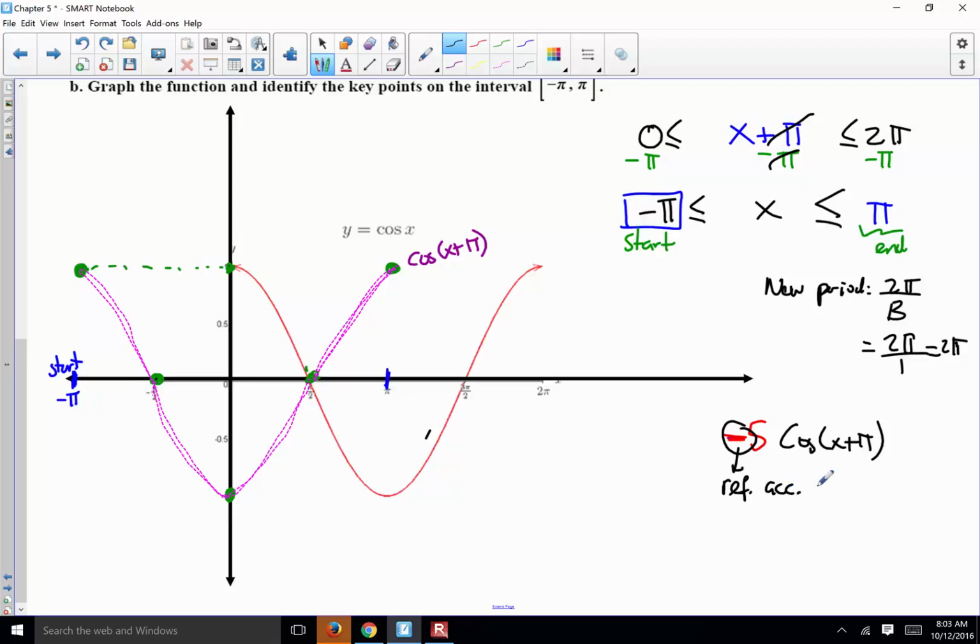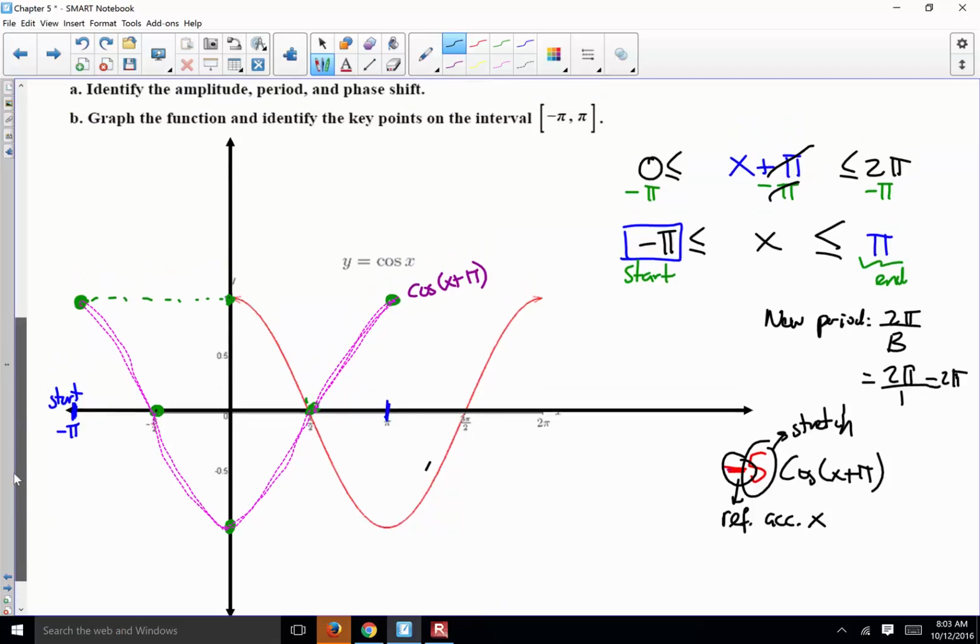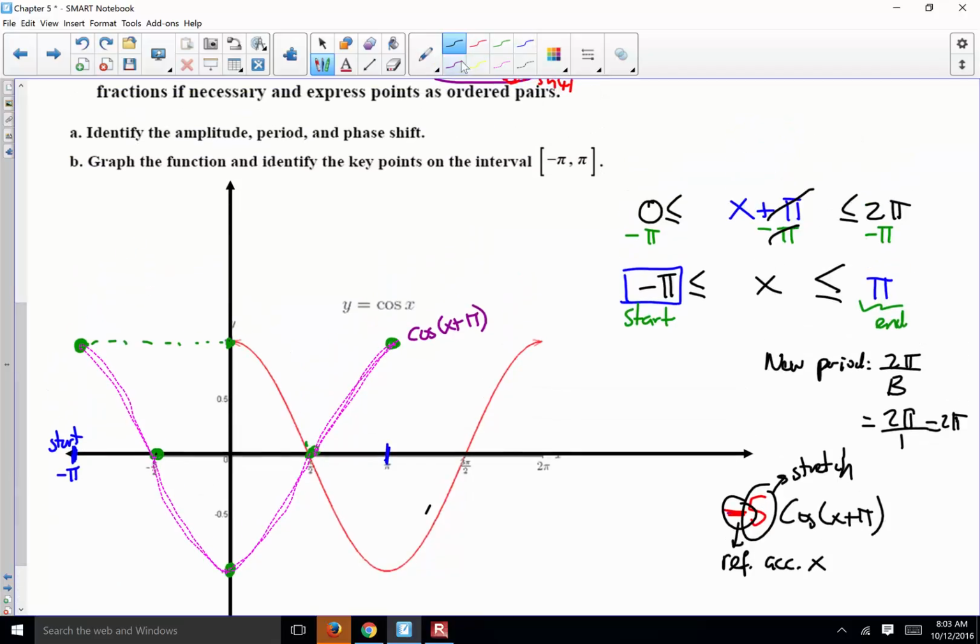Reflection across x, 5 times stretch. You're going to increase the amplitude, the maximum values and minimum values, 5 times. So this point is going to go 5 times up and then reflect. So I will first stretch it 5 times.